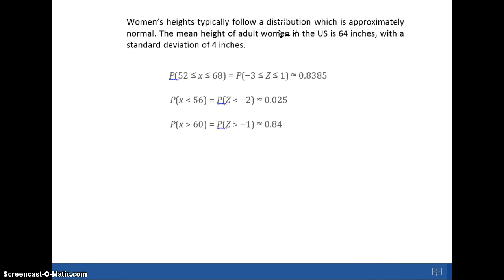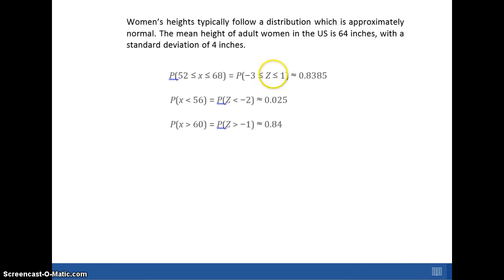Now let's look at this. Women's heights typically follow a distribution which is approximately normal. Now for women's height, the mean is 64, the standard deviation is 4. We want to find the probability that a randomly selected woman has a height between 52 and 68 inches. So what do we do there?